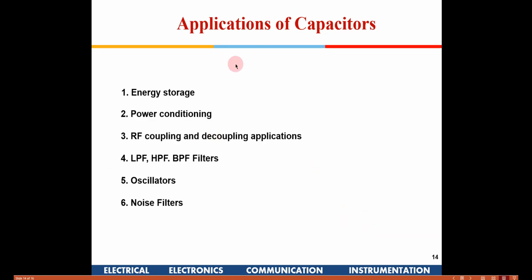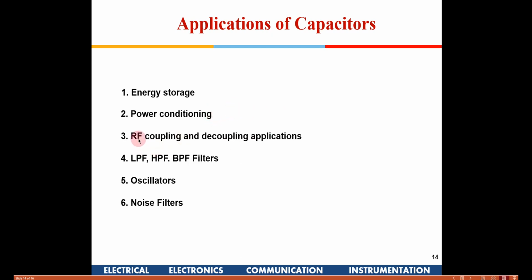Okay, so there are certain applications of capacitors. One is energy storage, that is very clear to you all as of now. Power conditioning, that is the ripples of the power supply. When we make rectifiers, the ripples can be eliminated by using a capacitor. So I will demonstrate this aspect through a simulation.